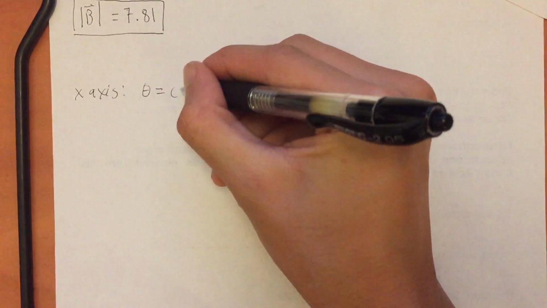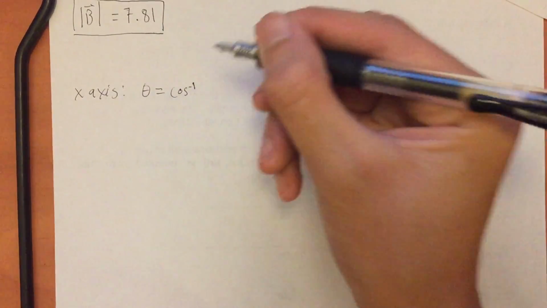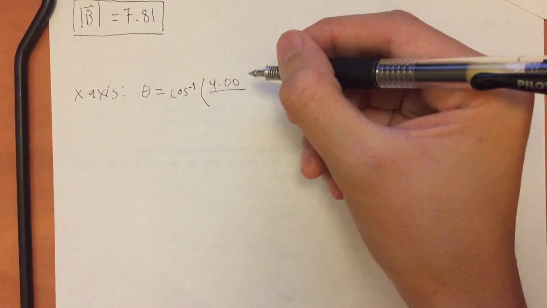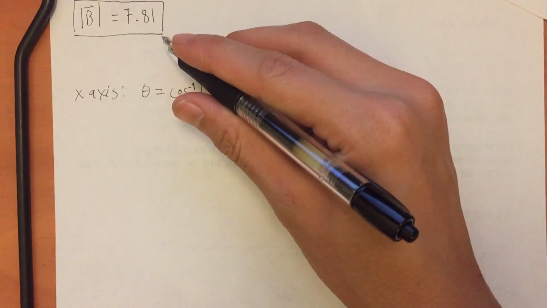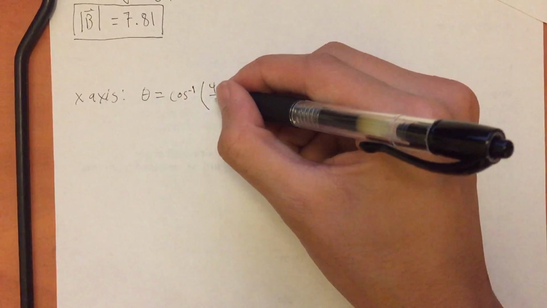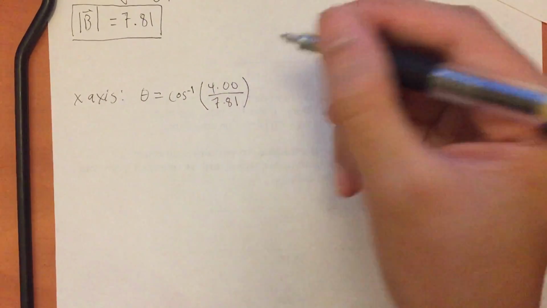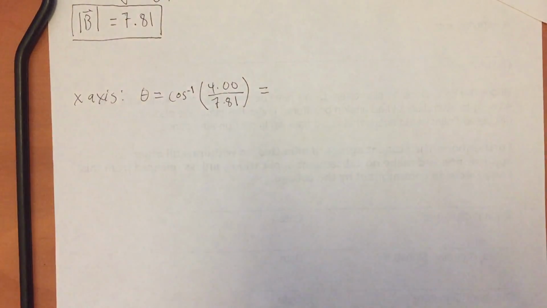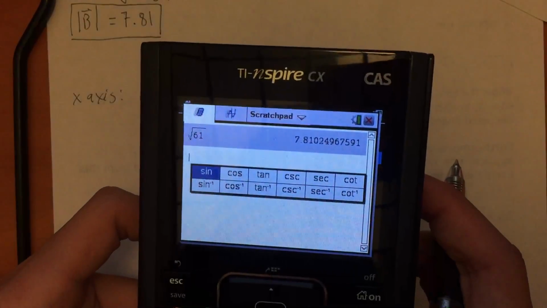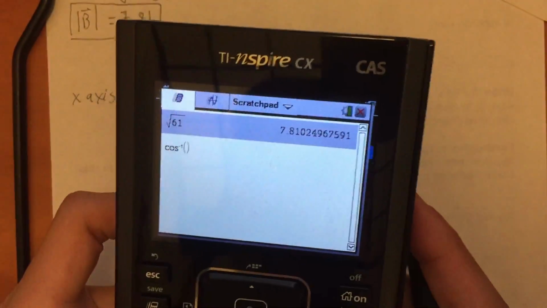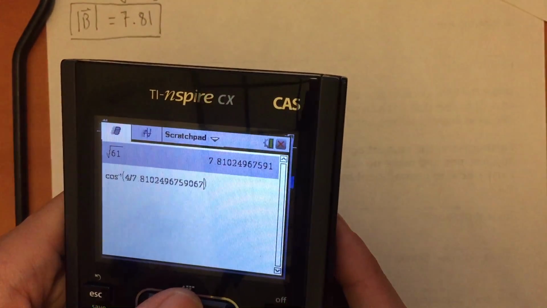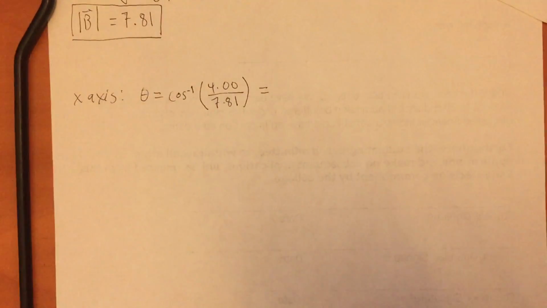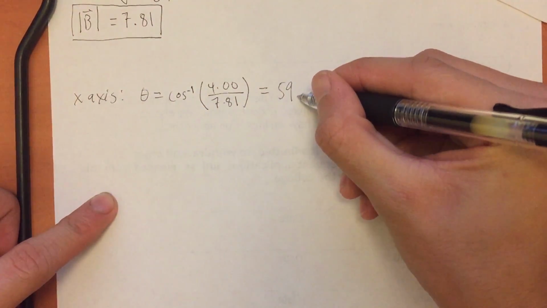So theta equals the inverse cosine of 4.00, which is the x component, over the magnitude, which is basically the hypotenuse, 7.81. We plug that into the calculator, and we get 59.19 degrees.